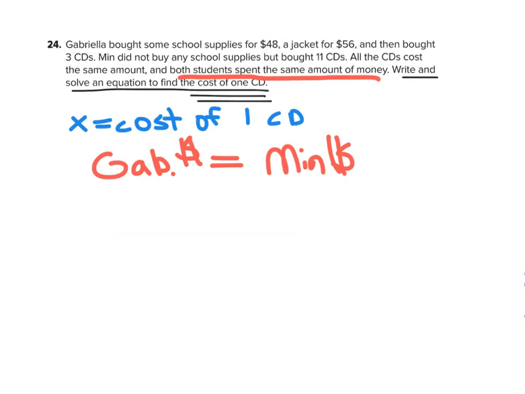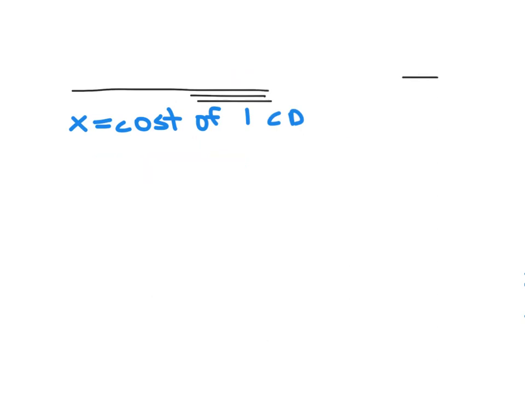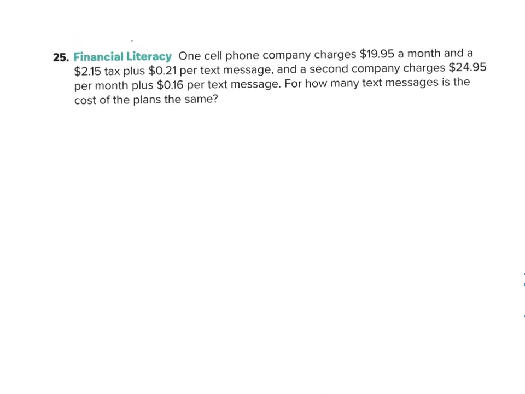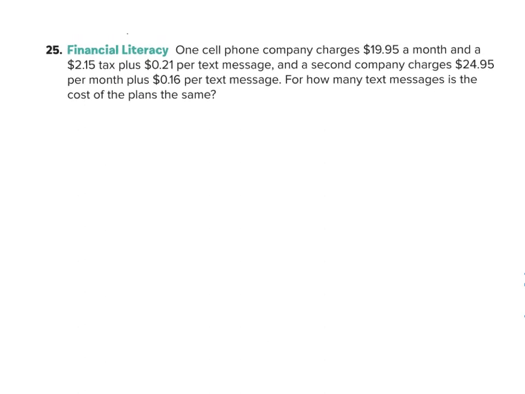All right, let's try one more. So the next problem is also a word problem, and it has to do with setting 2 amounts equal to each other. So let's go ahead and take a look. It says one cell phone company charges $19.95 a month and a $2.15 tax plus 21 cents per text message.